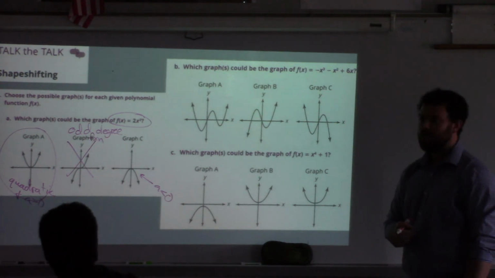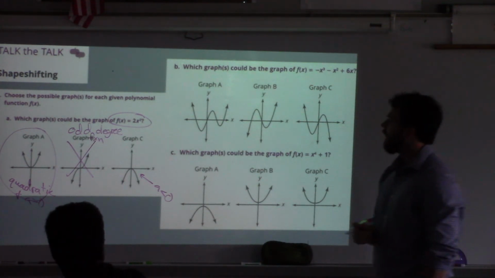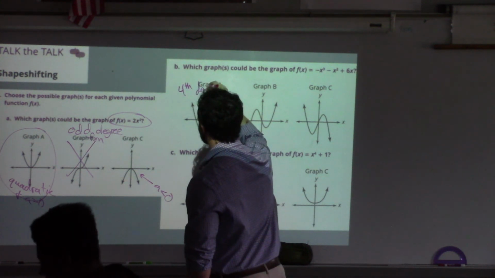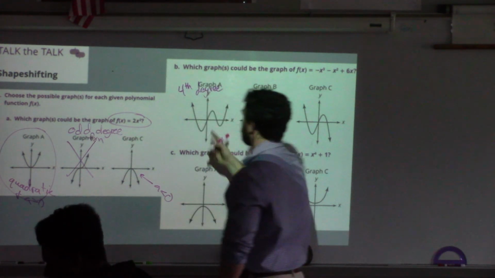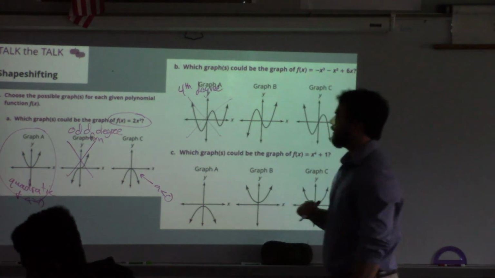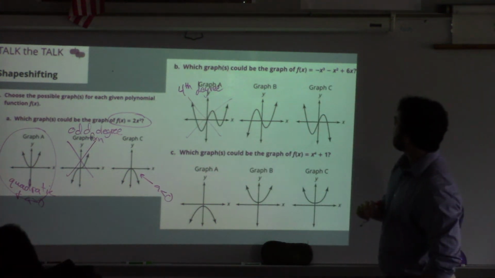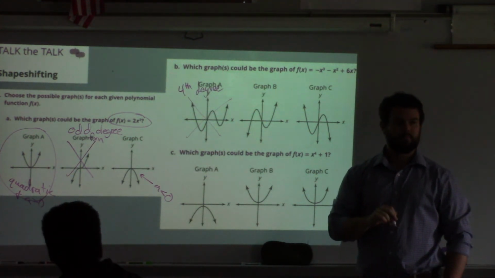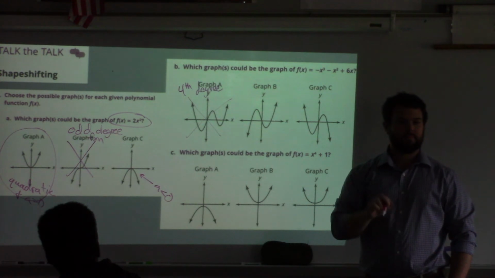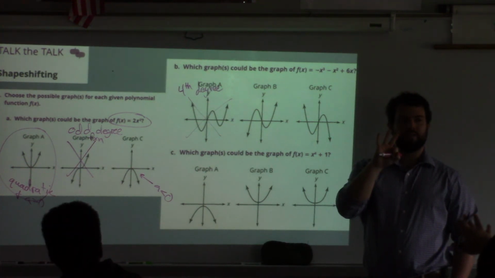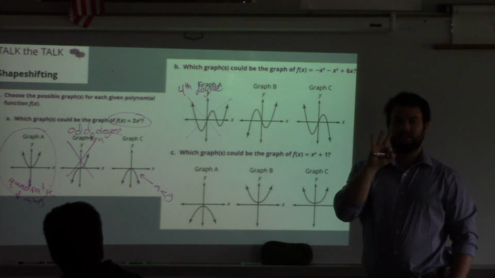Not enough intercepts. This would be a 4th degree, so that doesn't match the equation. What degree is the equation? 5? Maybe 5. Oh, 6. Remember, the degree is the highest exponent.